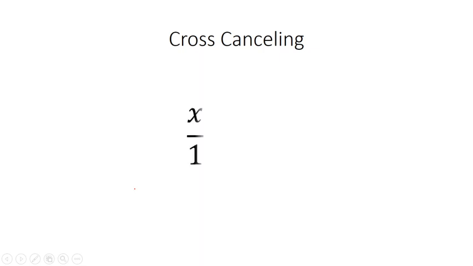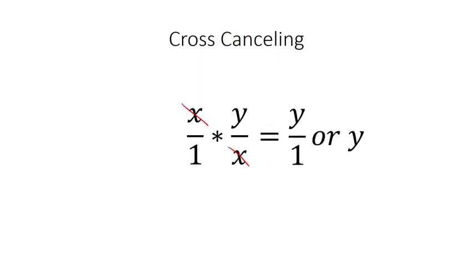And then, of course, the same thing can be applied if you have no numbers. So x over 1, y over x, you can do the same thing. Cancel out your x's, leaving you with y over 1, or of course, y, because anything over 1 is itself.